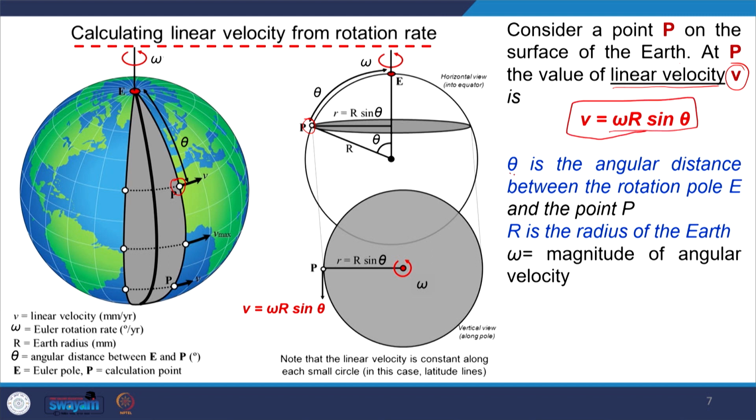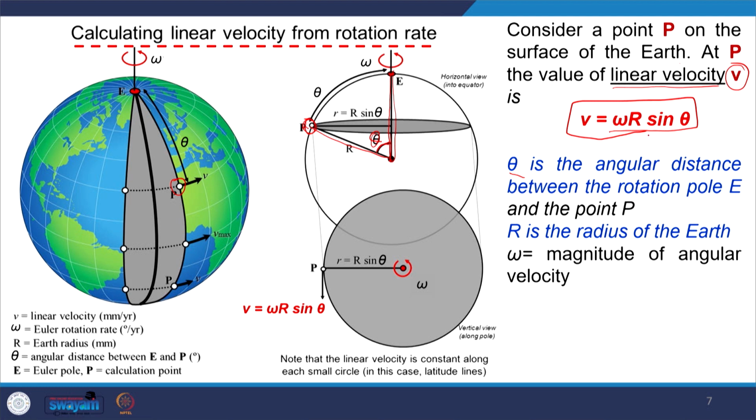So, what is this theta? Theta is the angle between the center of this earth, that point of observation P, and the rotational pole. This angle, which the rotational pole and that point make at the center of this earth, is theta. And r is the radius of this earth.